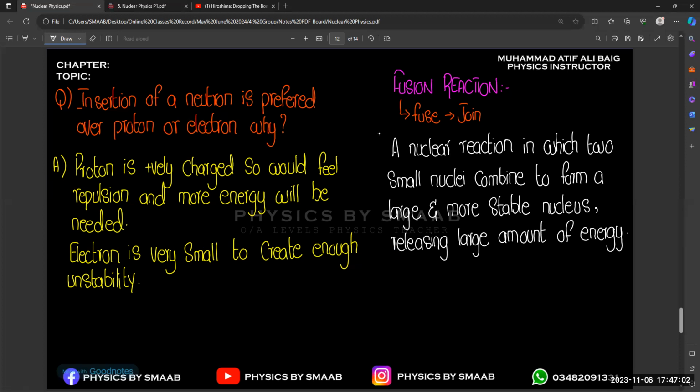And if we consider the example of the fusion reaction, it occurs in stars, right? And in a star, you can also take the example of the sun. So the sun is also an example of fusion reaction.